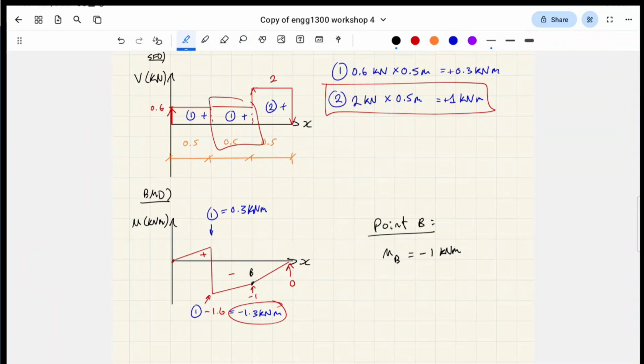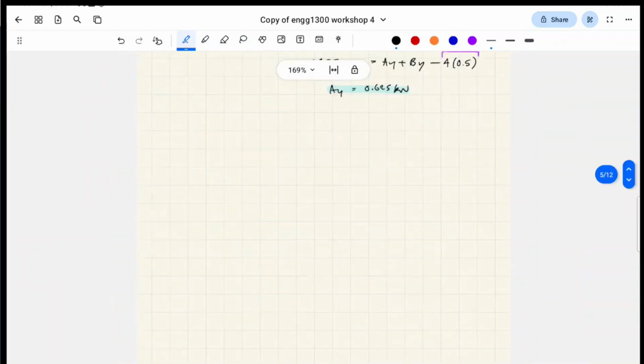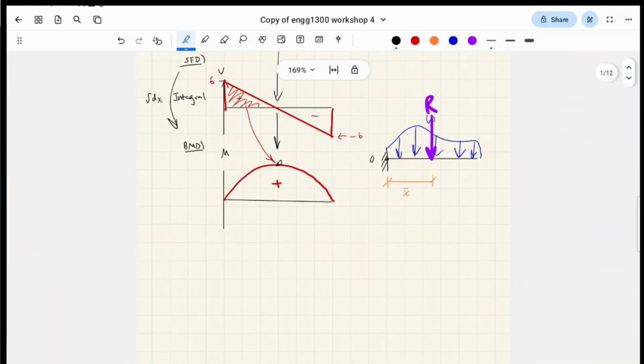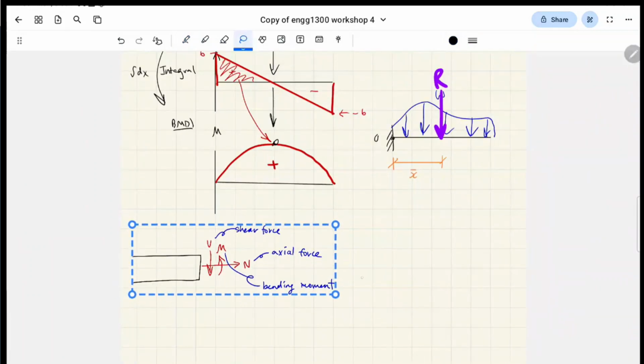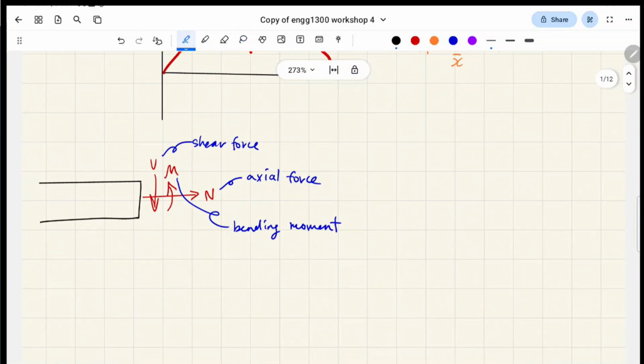Why did the point moment force the thing to go down? Good question. It's because of this notation. For the graphical method, you basically just accept that as fact.